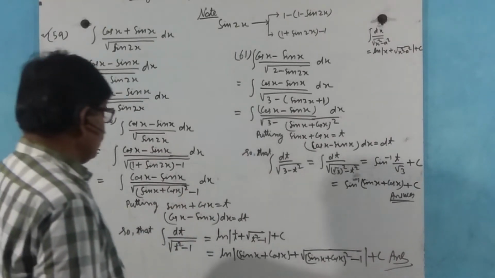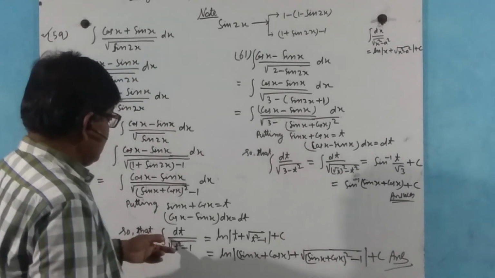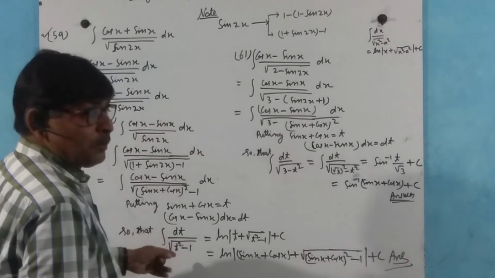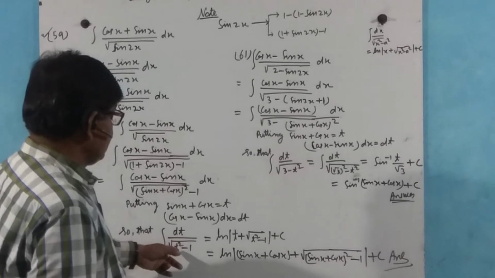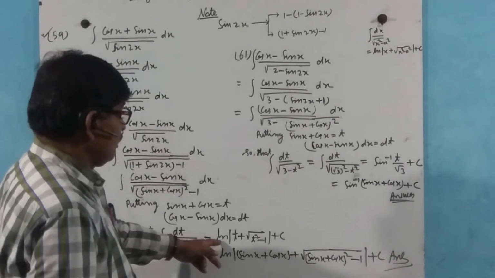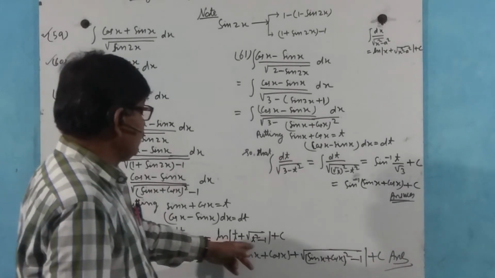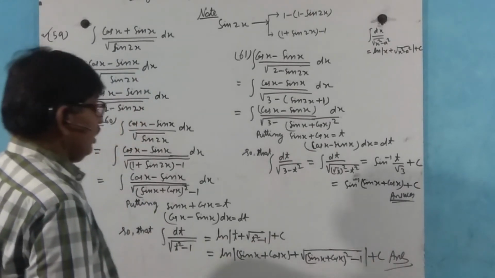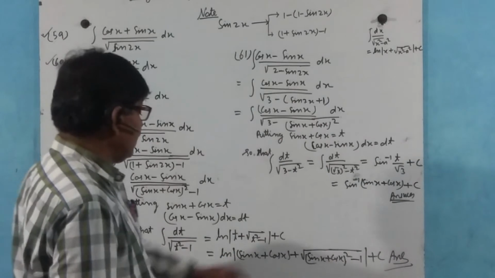As you know, integration of dt under root t square minus 1 is equal to ln of t plus under root t square minus 1, and we add the integrating constant.